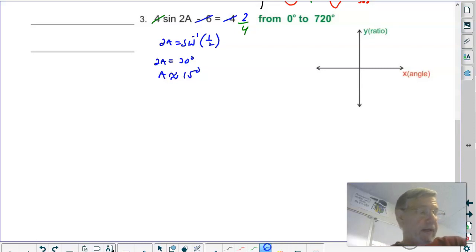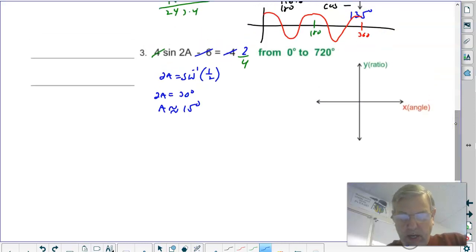Now, I got to be careful. I've got a couple things going on here. I've got a period of 2. I'm sorry, I get 2 waves in every normal 360, right? So I get a period of 180 degrees, 360 divided by 2.